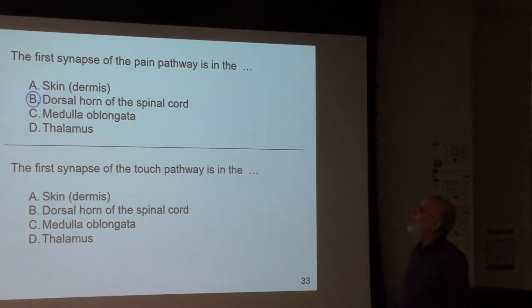So let's do this. Knowing where the first synapse is is part of knowing the pathway. The first synapse of the pain pathway is in the dorsal horn gray matter of the spinal cord. That's something you learned and something I could quiz you on.